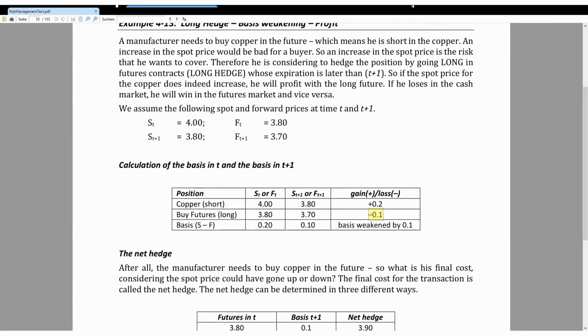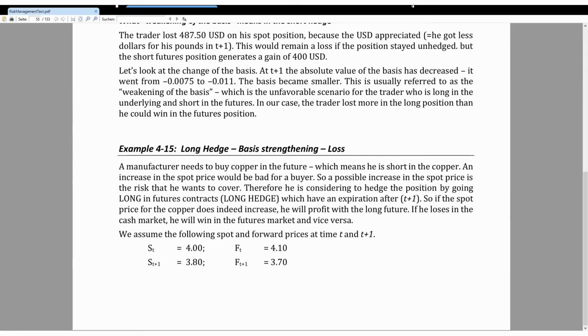He has a price to pay of 380 and he loses 10 cents on the futures. Well, now his overall cost is 390, and that is 10 cents better than what he would have paid in time t. That is a better price than he would have had in time t, a better price by 10 cents.